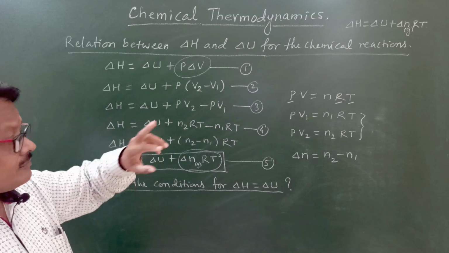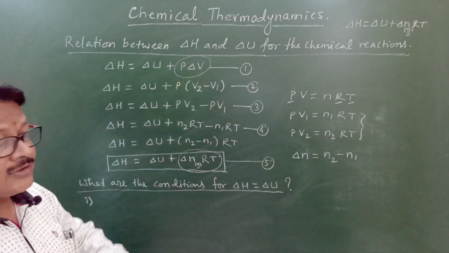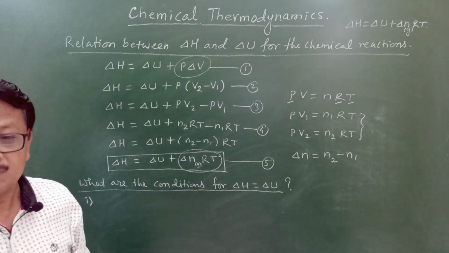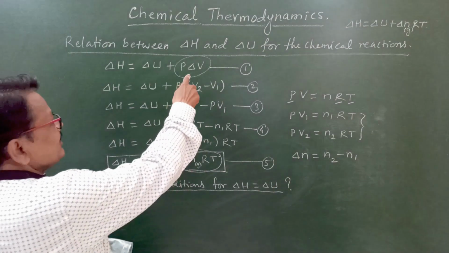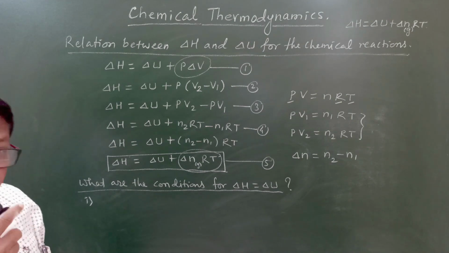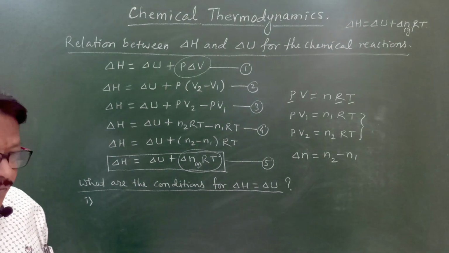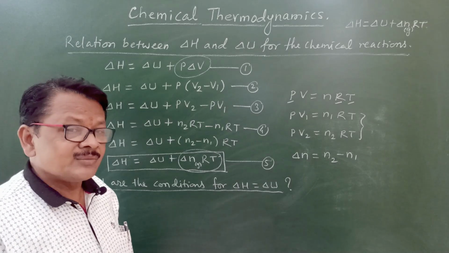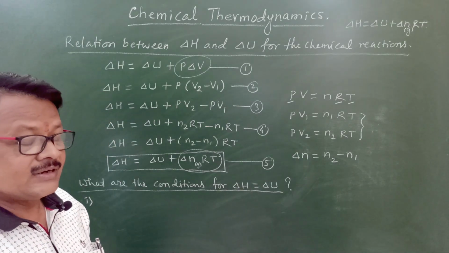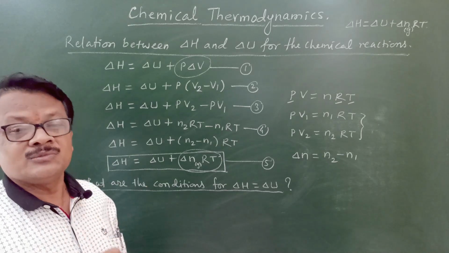You see here, when delta V is 0 in the first equation, then the initial volume and final volume will be the same, so delta V is 0. When is the volume change 0? When reactants and products are present in solid and liquid state. At that time, there is no volume change.